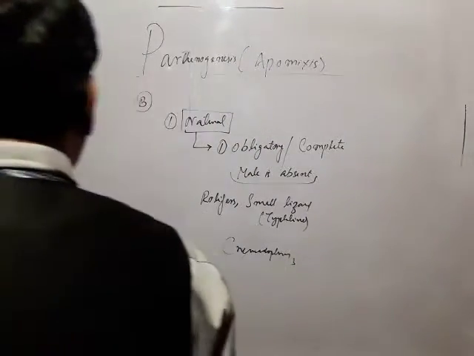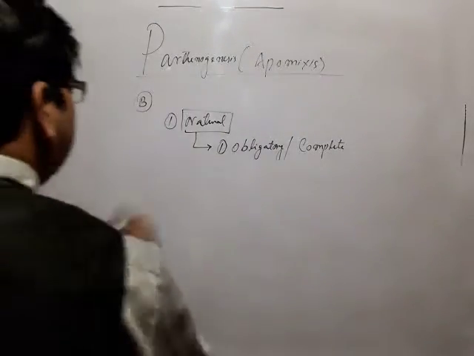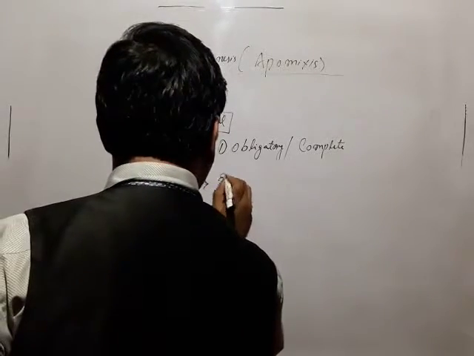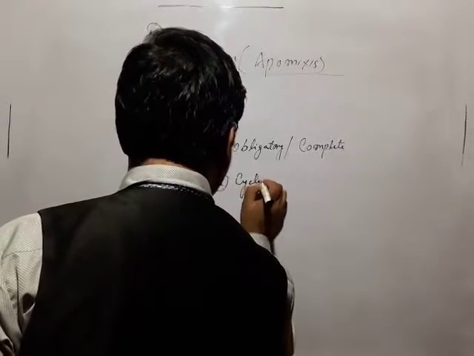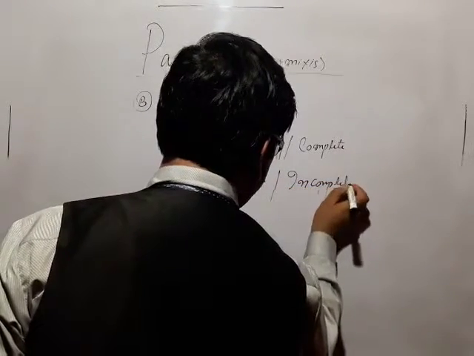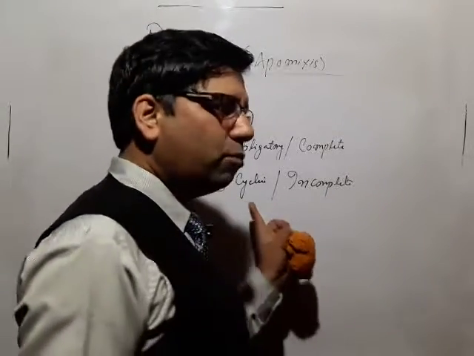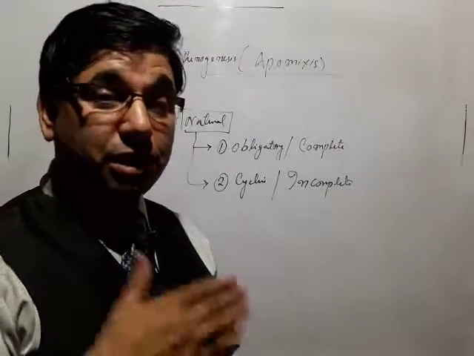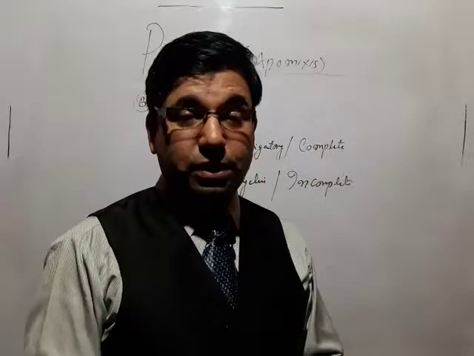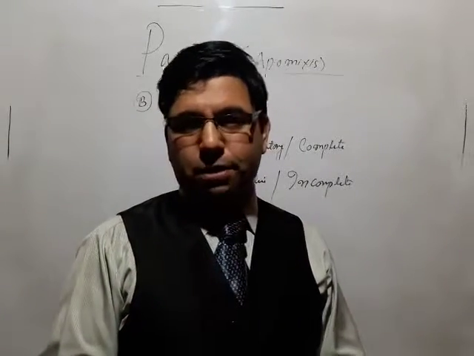We have one more type of natural parthenogenesis, the second type, which is cyclic or incomplete. Cyclic or incomplete means male and female both are present, but some generations are parthenogenetic, then they form gametes involved in sexual reproduction.